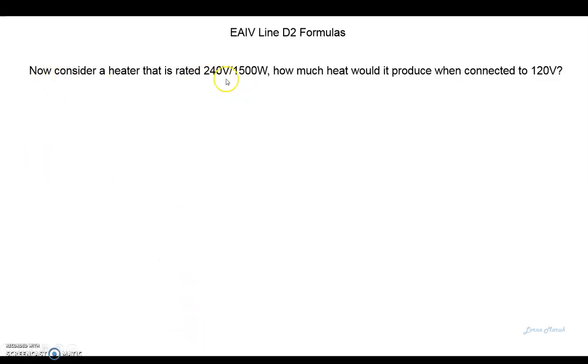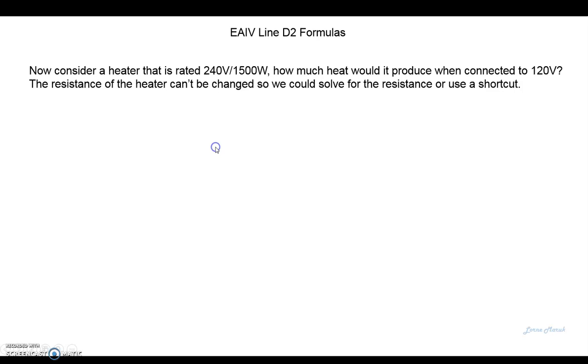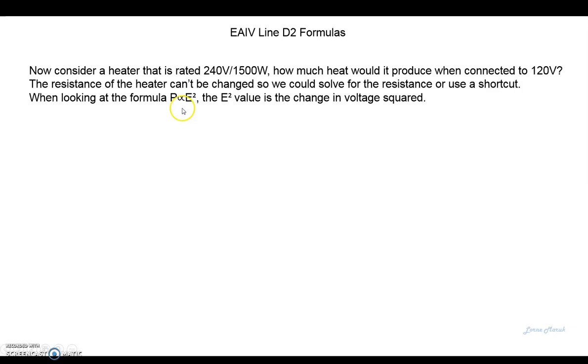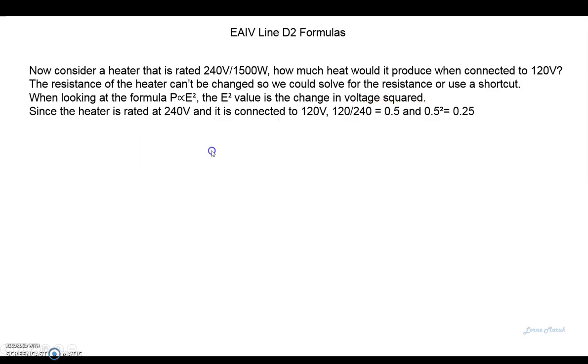Now let's look at a heater rated 240 volts, 1500 watts. How much would it produce if we connected it to 120? Now we could find the resistance of the heater based on its original rating, or we could just go to a shortcut using our formula P is proportional to E squared. In this case, the E squared value is the change in voltage squared.